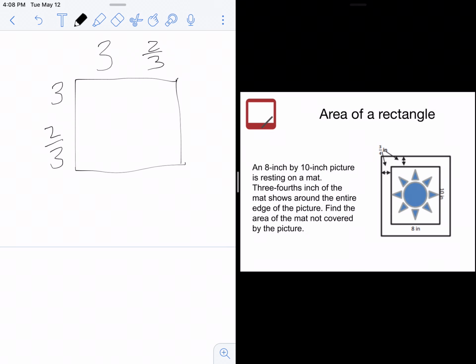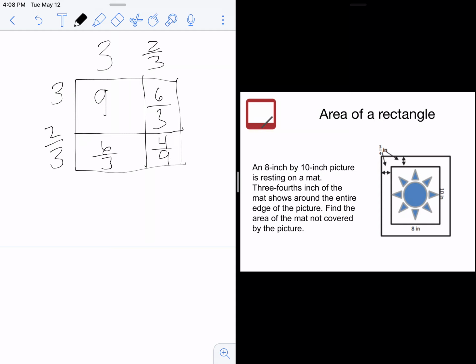Okay, so this is actually problem number 4 that I just did. So anyways, area model would look like this. We would have 3 times 3, which is 9, 3 times 2/3, which is 6/3, 3 times 2/3, which is 6/3, and then 2/3 times 2/3, which is 4/9.